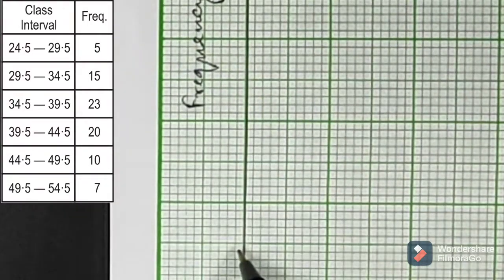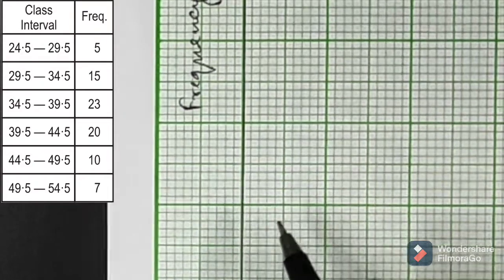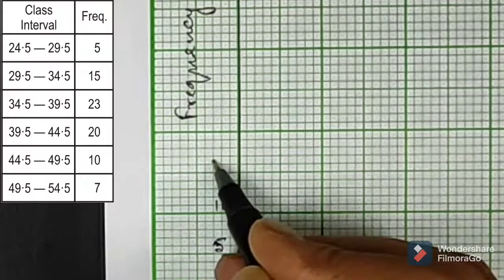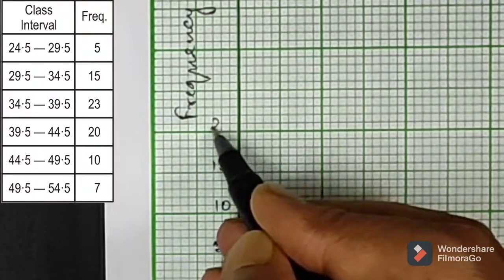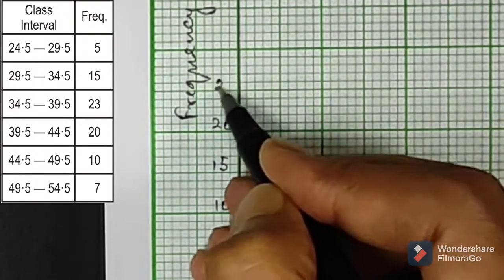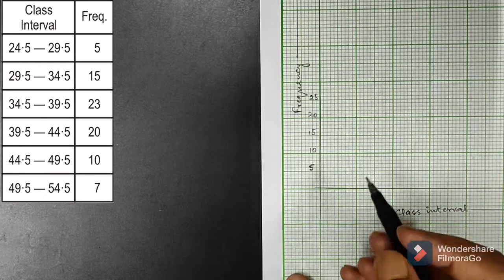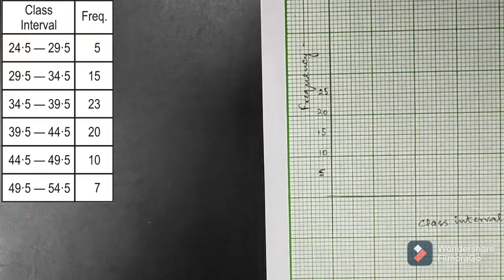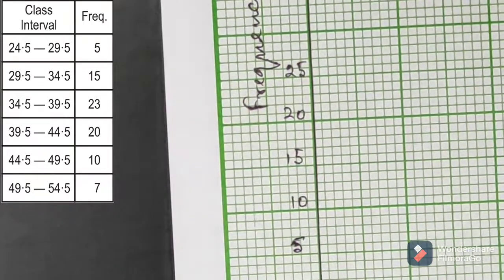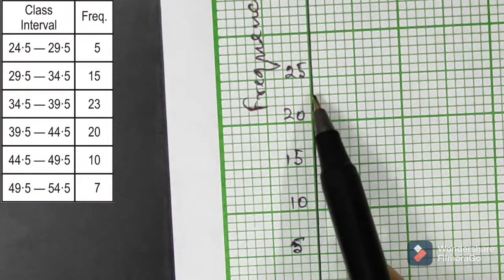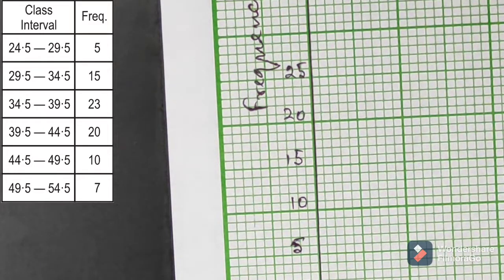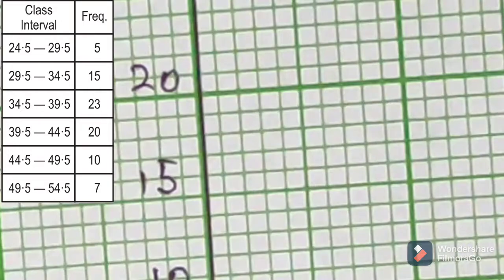Therefore, every 5 divisions is 5, 10 divisions is 10, unlike the previous sum: 5, 10, 15, 20, 25. Our maximum observation along the y axis is 23. So, we will stop at 25. This will be 23. We won't have to move any more.